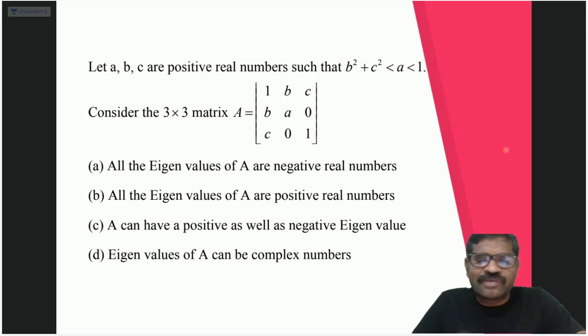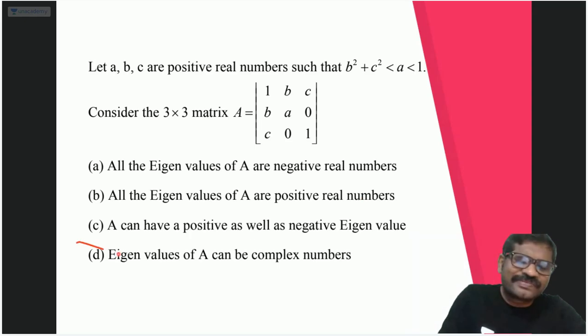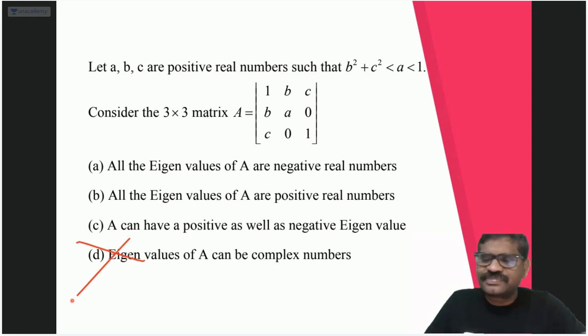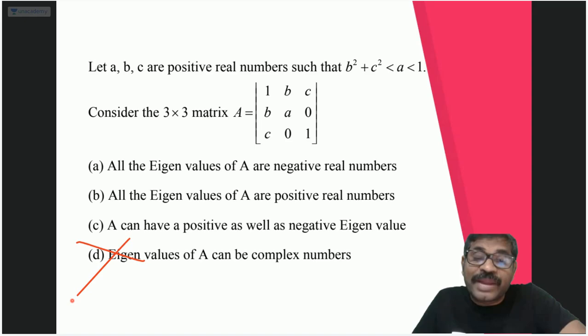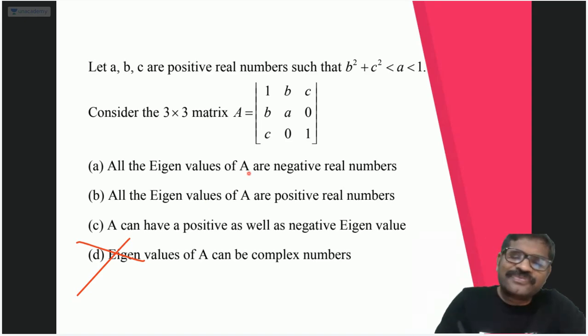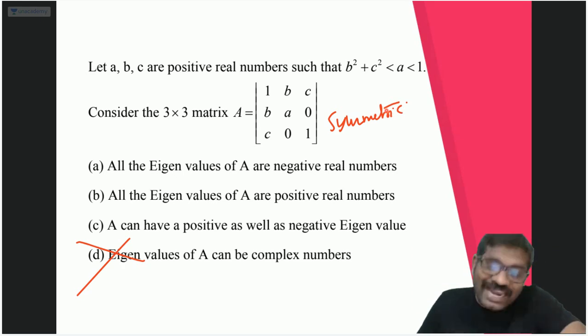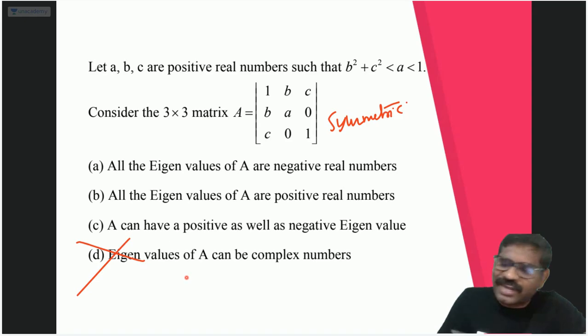Options: all eigenvalues are negative real numbers; all eigenvalues are positive real numbers; A can have positive as well as negative real eigenvalues; eigenvalues of A can be complex numbers. The last option you can straight away eliminate, because the matrix is symmetric, and eigenvalues of a symmetric matrix are always real.